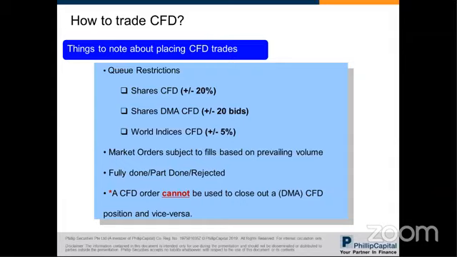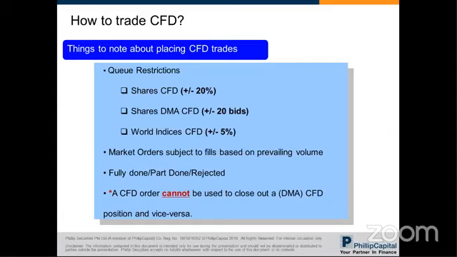Something to take note of: if you're trading share CFD, your share CFD order cannot be used to close a DMA CFD position and vice versa. For example, if you enter a long position for SIA in the normal share CFD, please do not use the DMA CFD to close the position, because you end up with a long position in the share CFD and a short position in the DMA CFD.